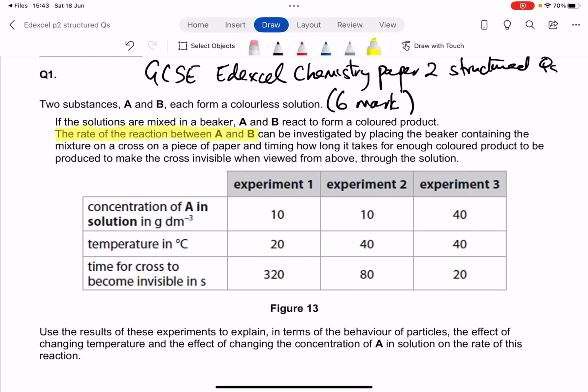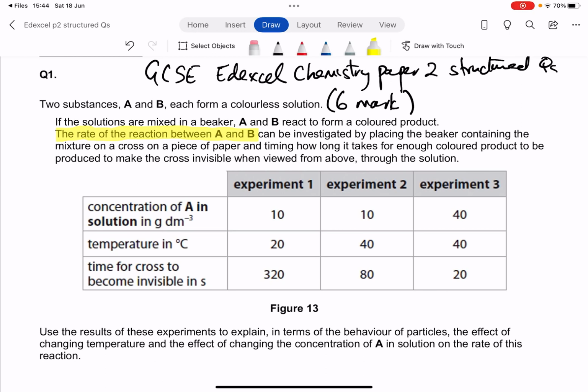It is basically mixed, placed on a cross with a piece of paper, and we time how long it takes for the colour product to be produced, or a precipitate to be produced, or when the cross disappears. So that's what we're looking at. Now this experiment was done 3 times.